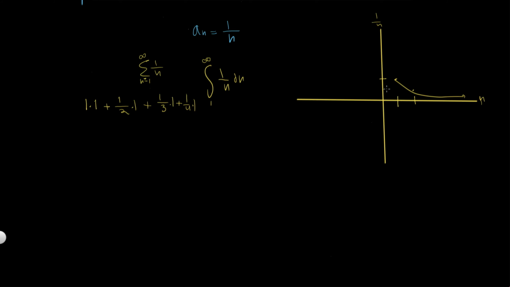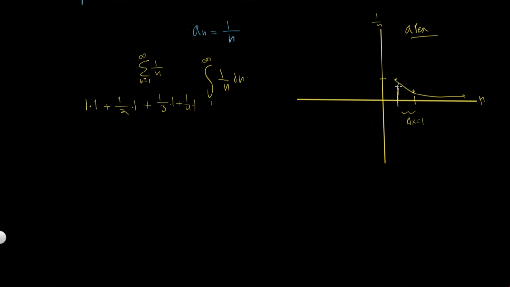Okay, let's think about what happens if we split this area under this curve. So let's find this area under this curve with Riemann sums, with delta x's that are 1. So delta x is 1. Well, the first value of our function would be at 1.